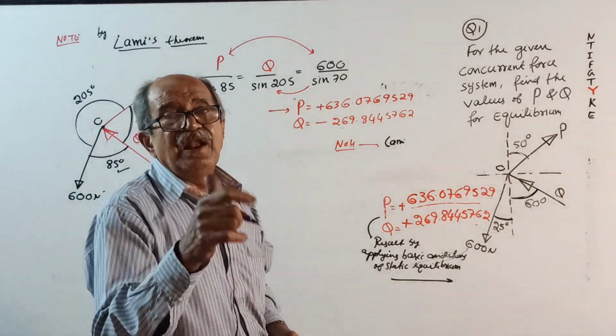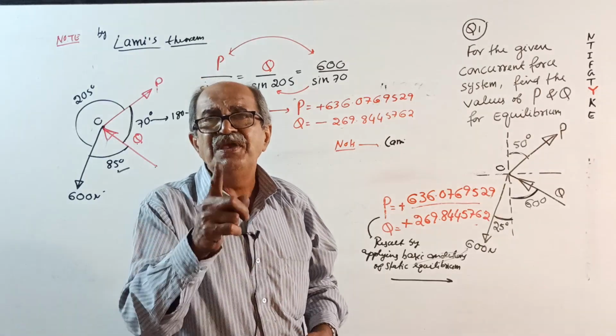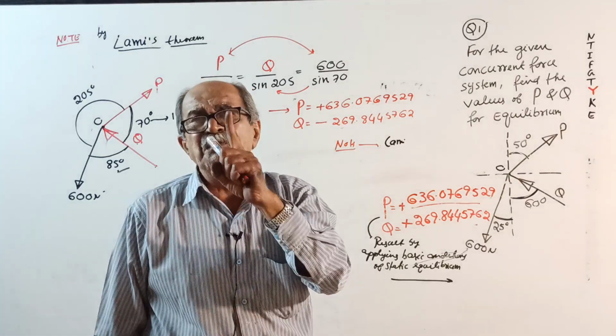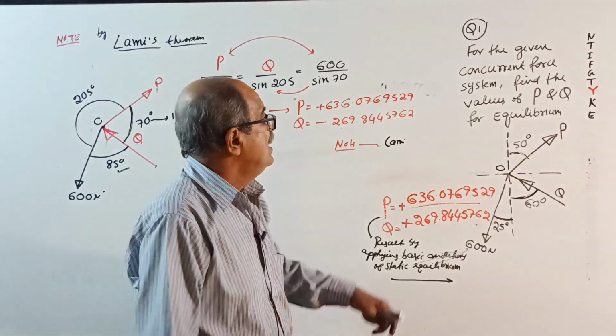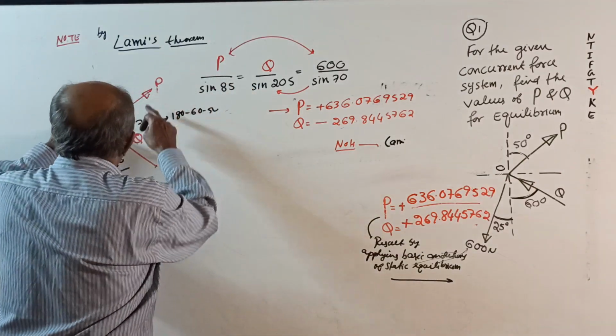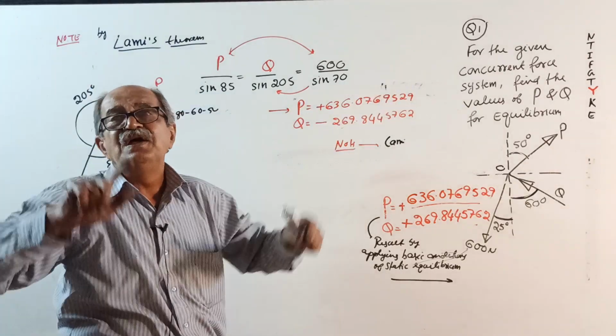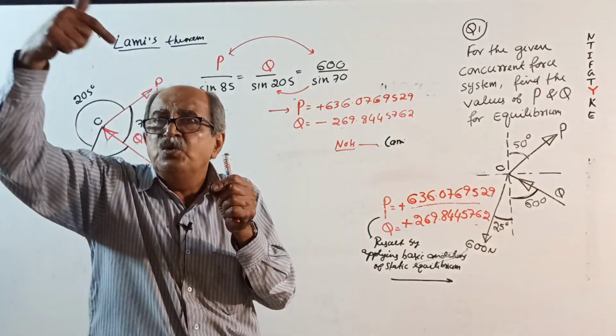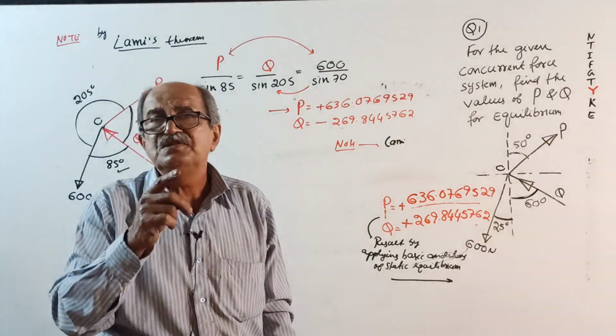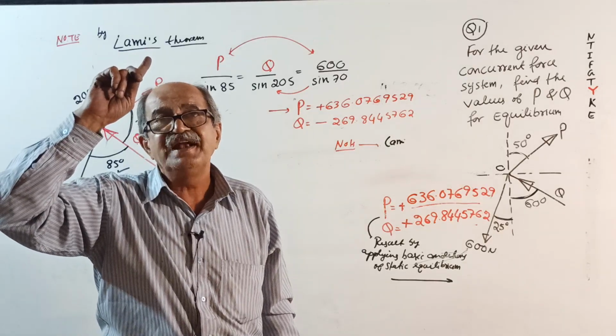See, I will dictate here. When you apply Lami's theorem, it is compulsory that all the three forces are either going away from the point or acting towards the point. Like I told, parallelogram forces, correct? Remember?